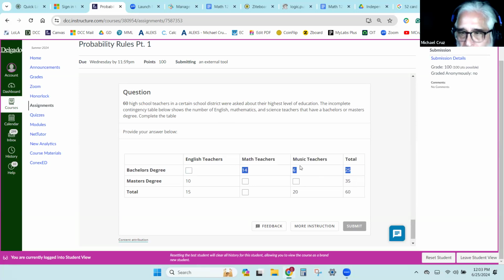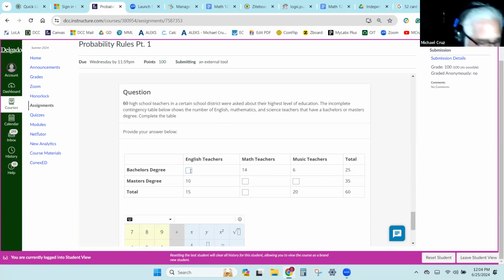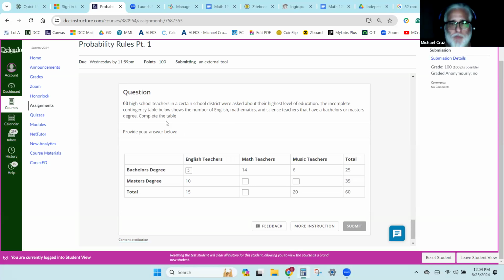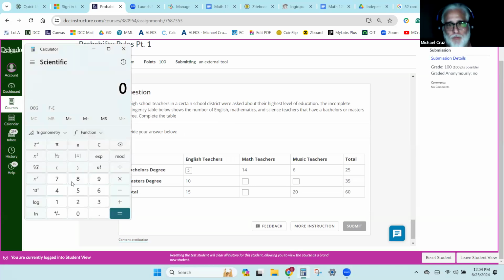That row should add up to 25. So we've already got 14 and 6, which is 20, right? So that means there would be 5 right there. 5 plus 14 plus 6 gives us the 25. So that's good. 5 and 10, 15. So they should total up both ways.